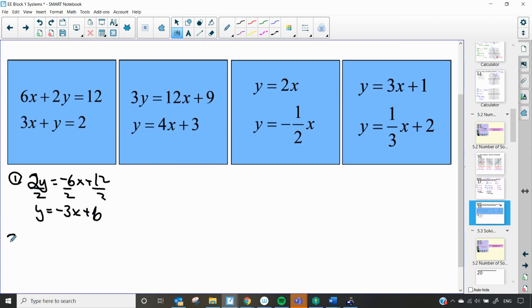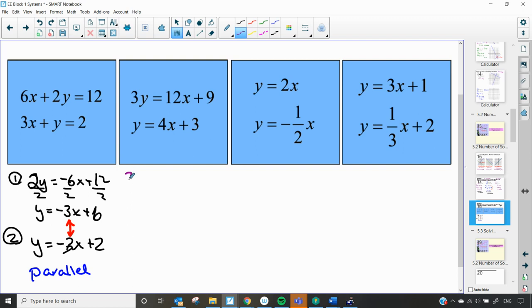And equation number 2 is y equals negative 3x plus 2. So looking at this, they have the same slope, but different y-intercepts. So I'm going to say that this one is parallel. And parallel means no solution.